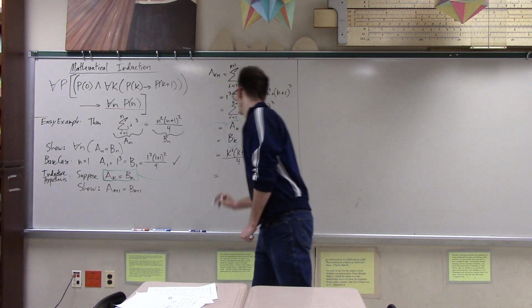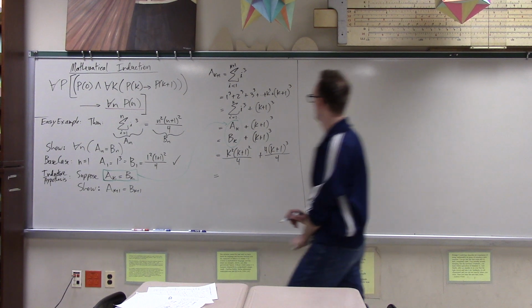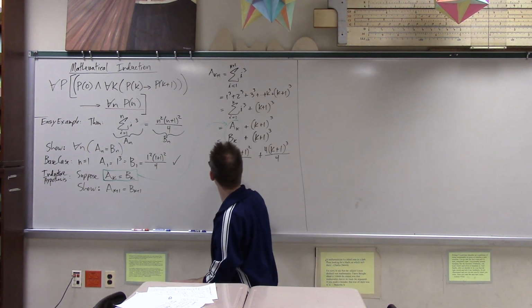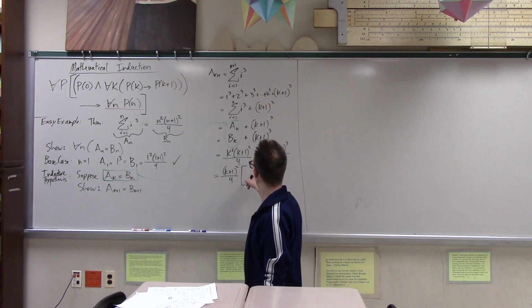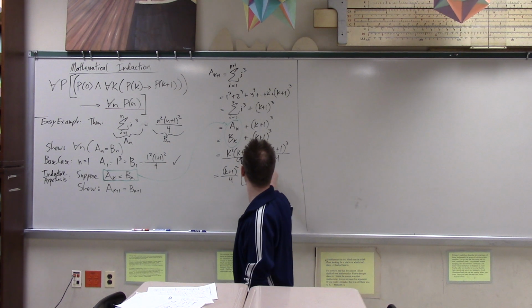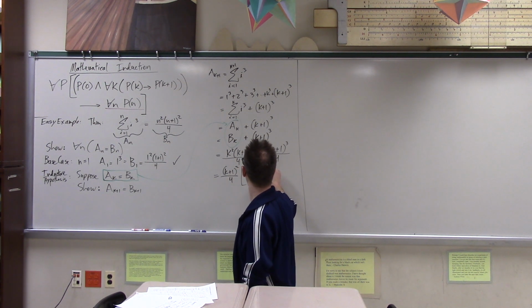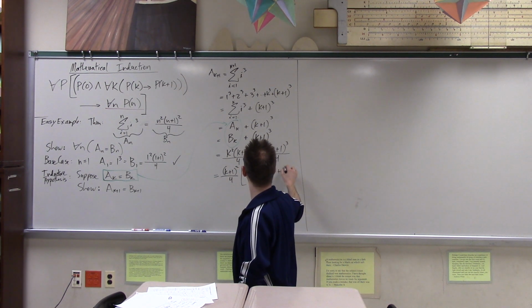And now we just have a little bit of algebra to do. In particular, I shall factor out (k plus 1) squared over 4. And if I do that, I'm left with k squared plus 4k plus 4.